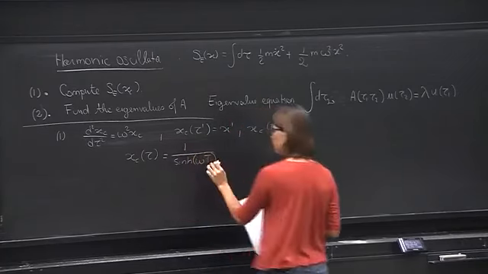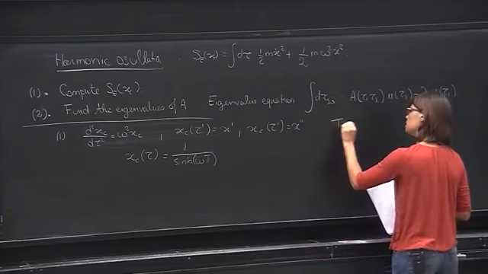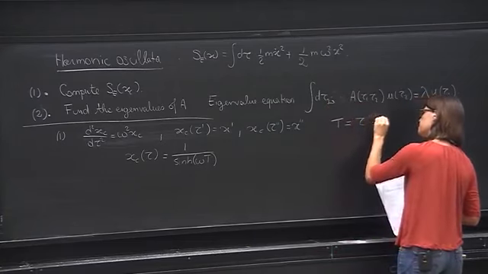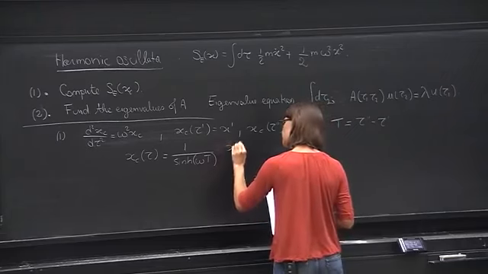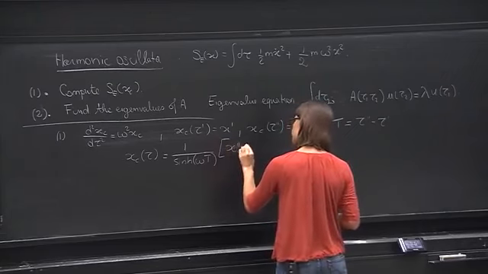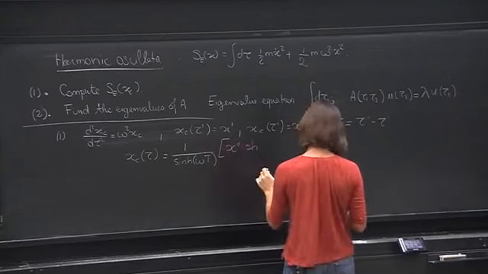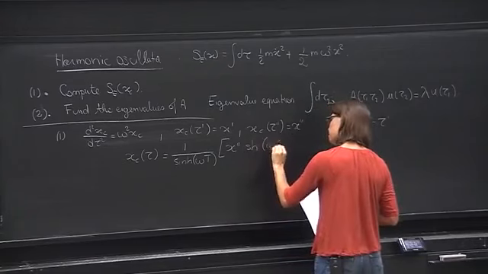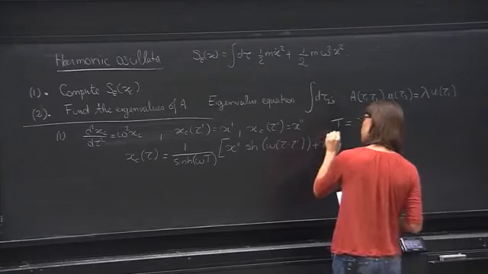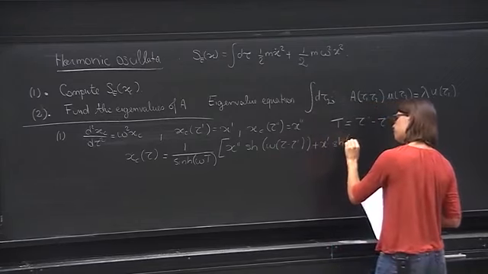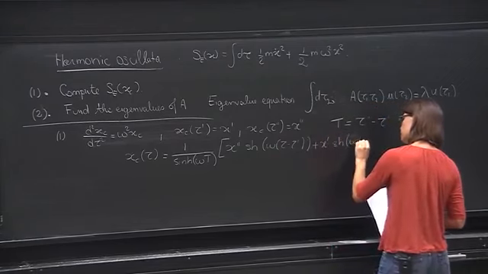So I'm going to denote by big T, okay, just to simplify notation. And so here we get, if I have already implemented, of course, the boundary condition, omega.